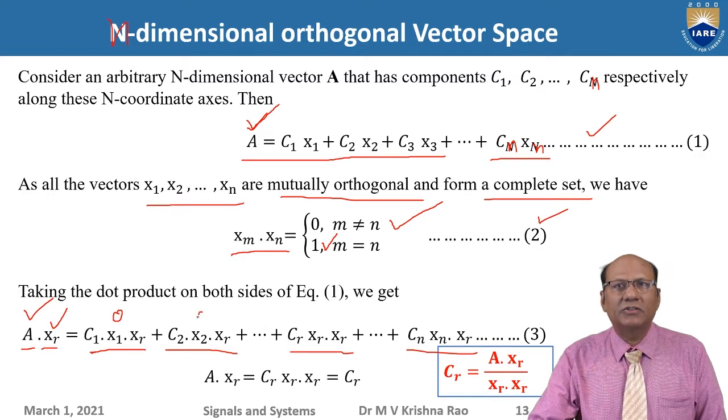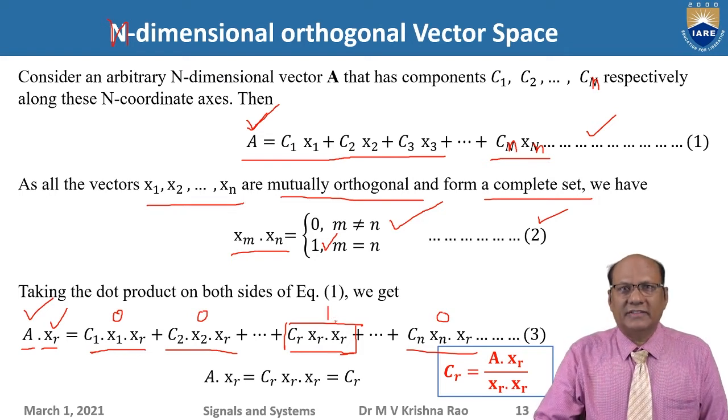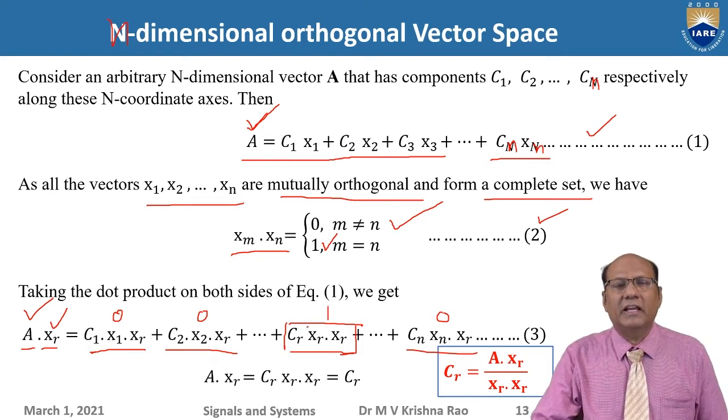Similarly, this term is also 0. But this term is 1 and this term is 0. Except for this term, all other terms become zero because of the orthogonal property of the remaining n-1 axes. If I consider all of their dot products, they become 0.